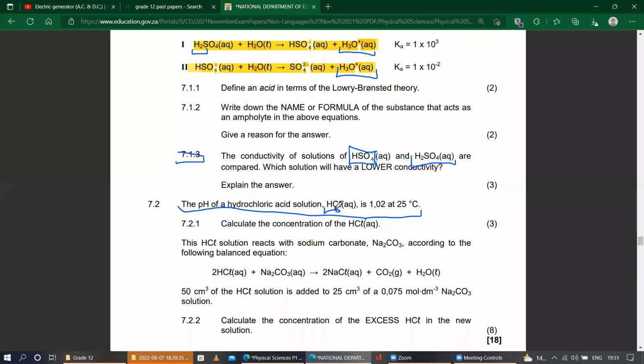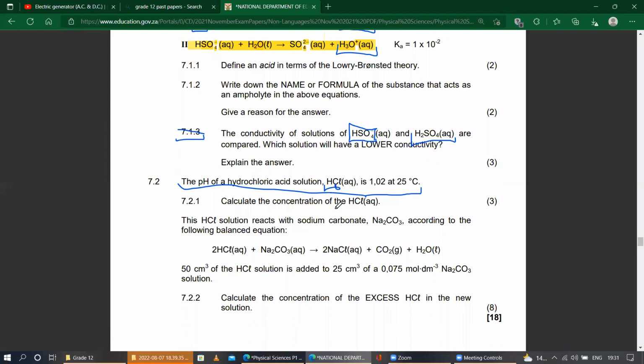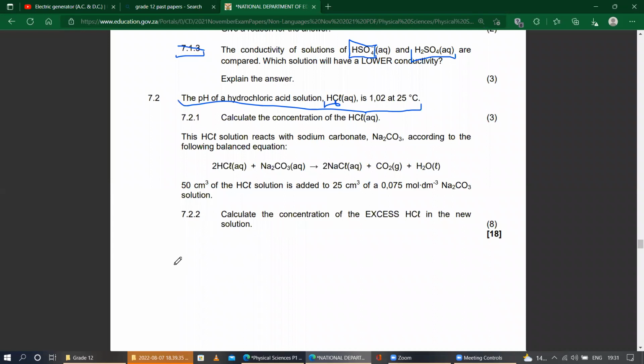But you can also say the pH. Exactly like that.